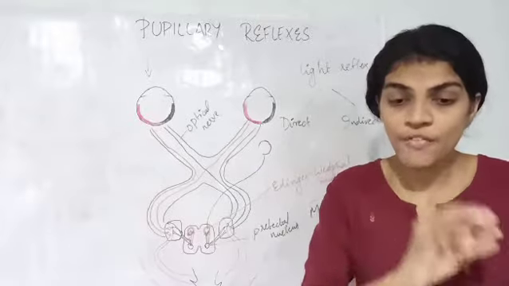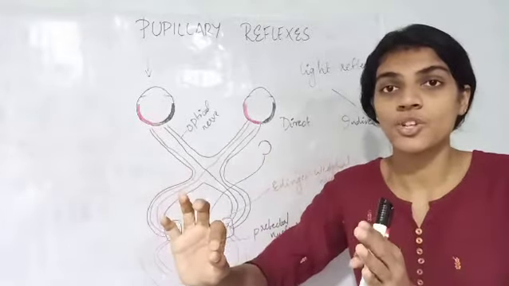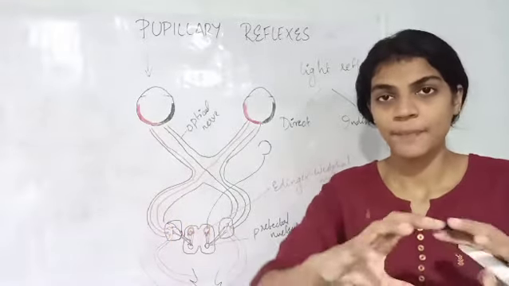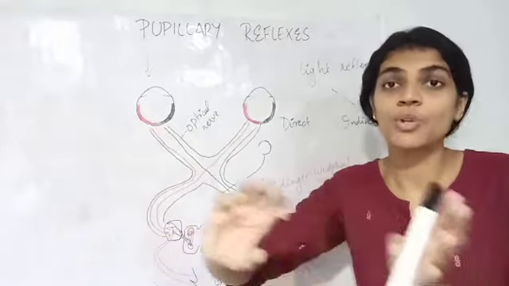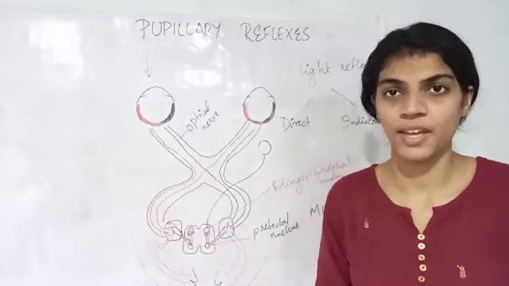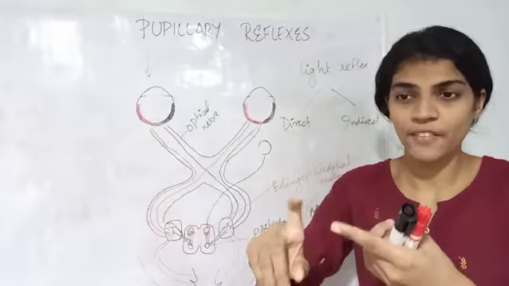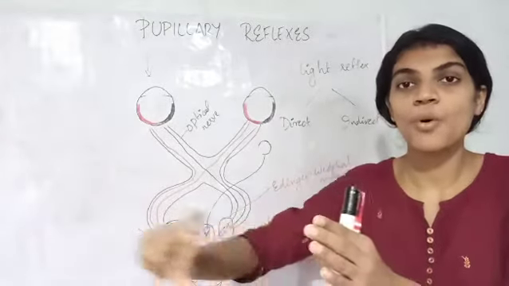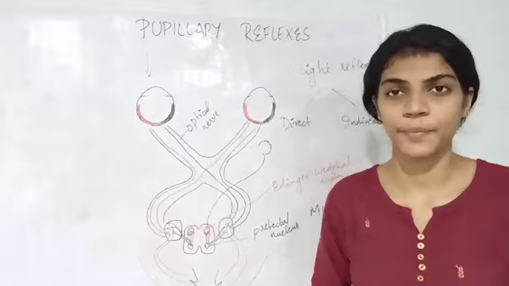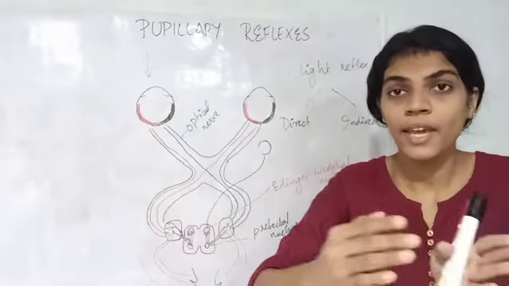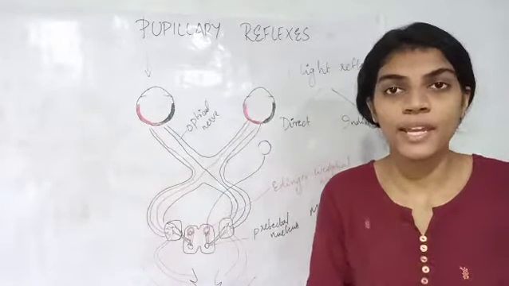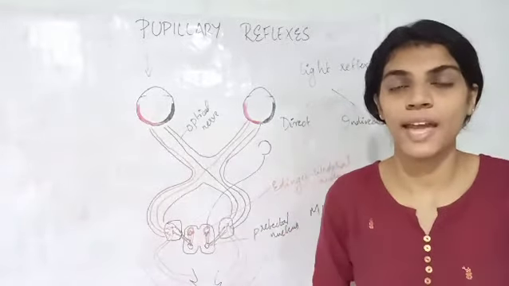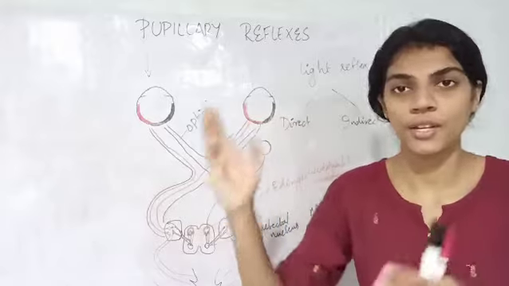The nerve fibers coming into the ganglion are known as preganglionic nerve fibers, and the nerve fibers going out of the ganglion, from the neuron whose cell body is in the ganglion, are known as postganglionic nerve fibers.